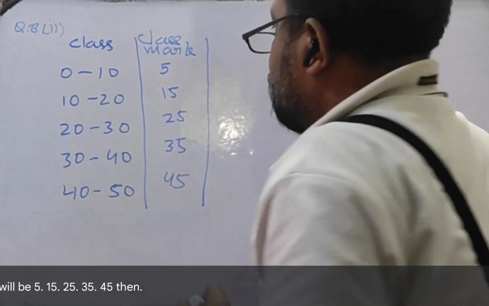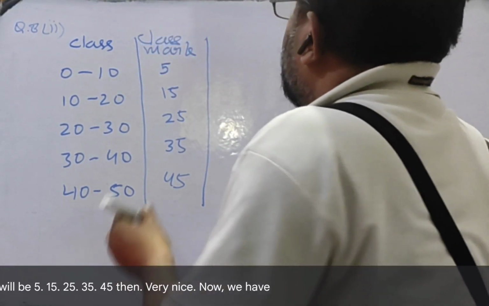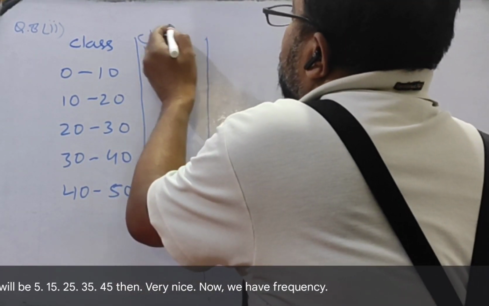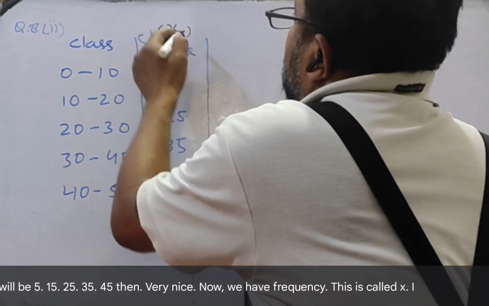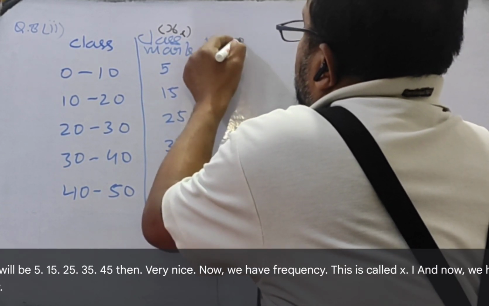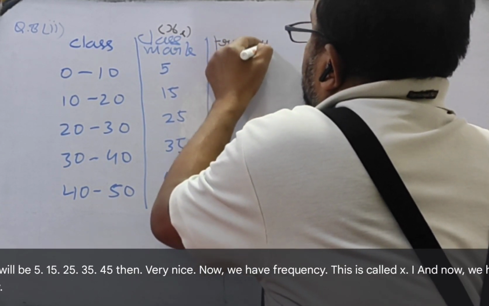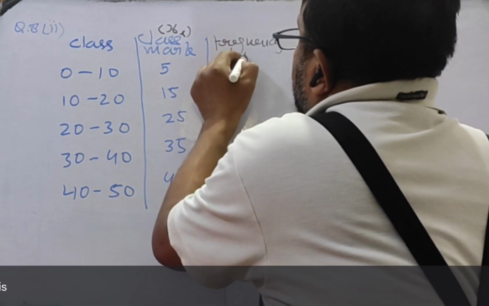Very nice. Now we have frequency. This is called xi, and now we have frequency, that is fi.